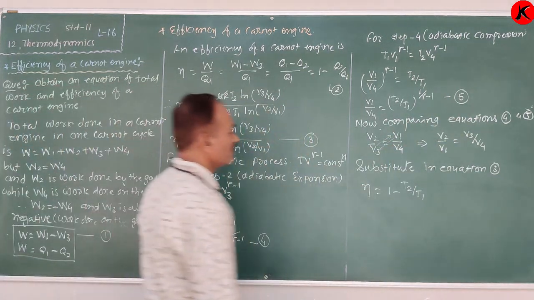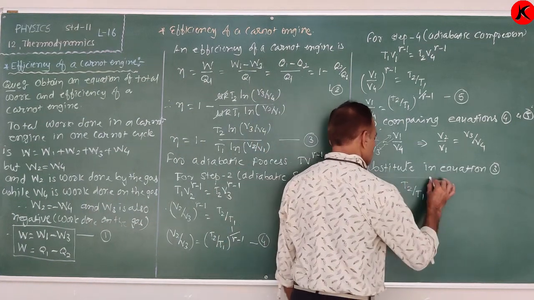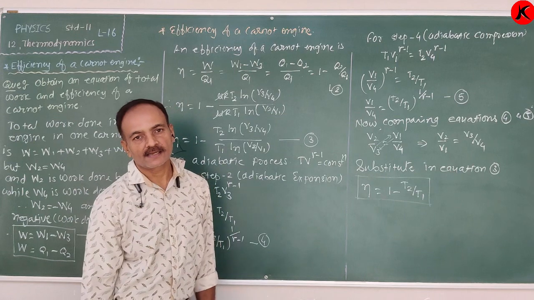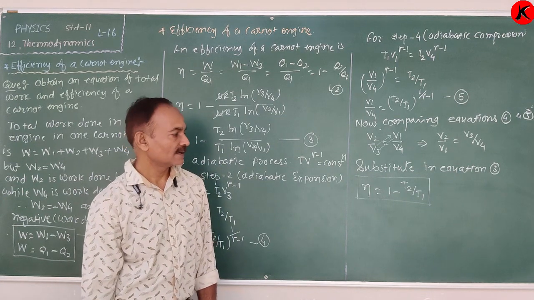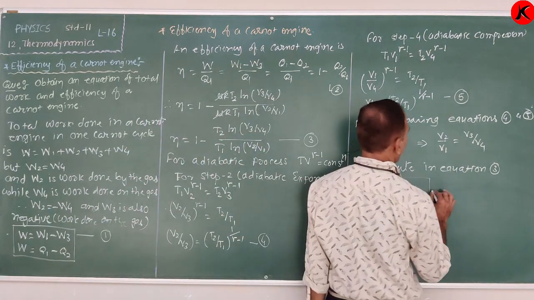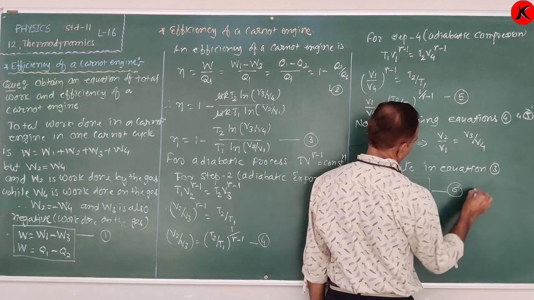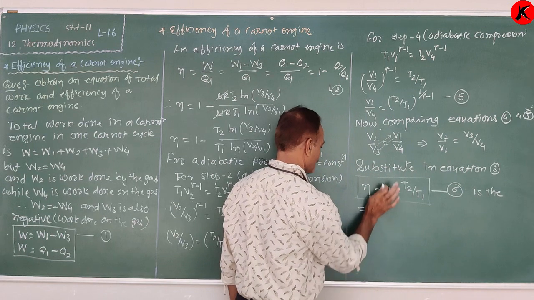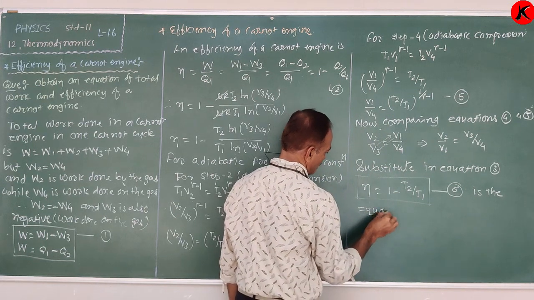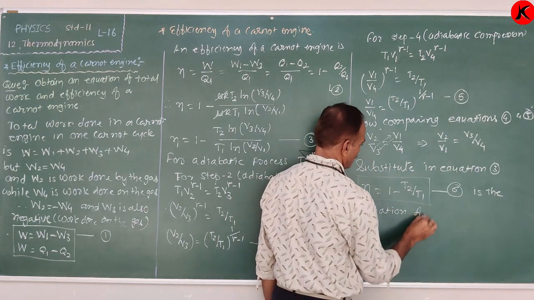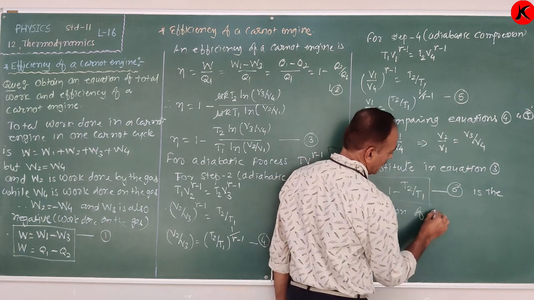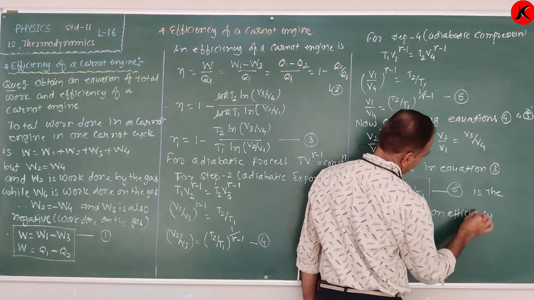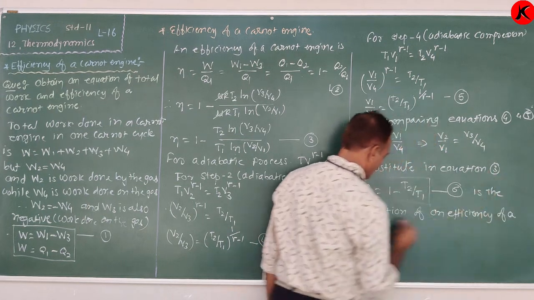Therefore, the efficiency of a Carnot engine is η equal to 1 minus T2 upon T1. That is the equation of the efficiency of a Carnot engine.